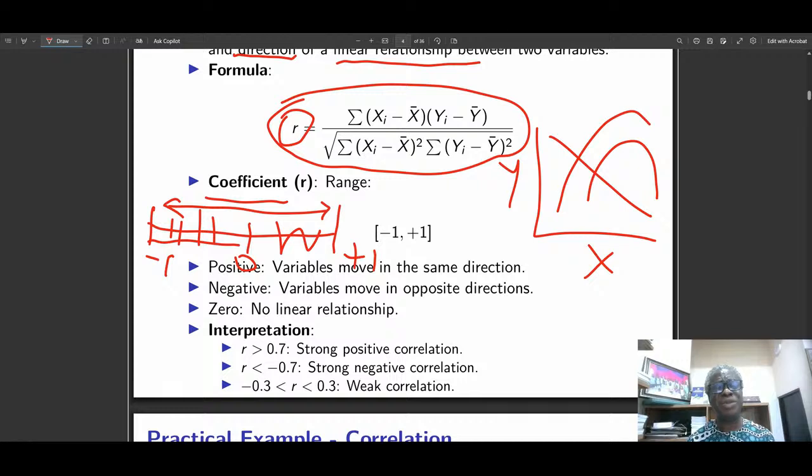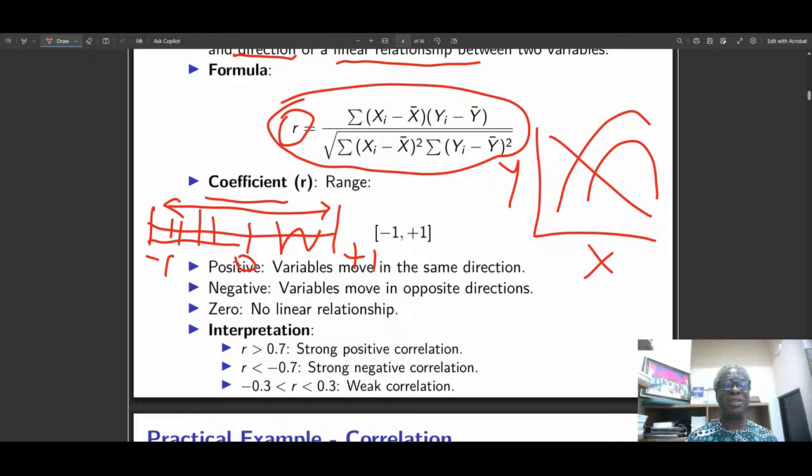Any value exceeding 0.7 may be considered, but this is not fixed. Generally, it can be taken that any value above 0.7 is a strong positive linear correlation. Similarly, any value below -0.7 is a strong negative linear correlation.